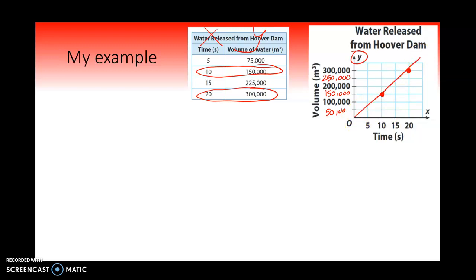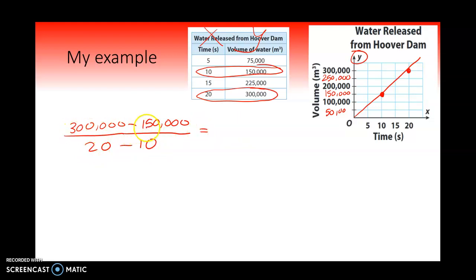All right, so now let's find slope. I'm going to take these 2 ordered pairs, and I'm going to do y2 minus y1 over x2 minus x1. So y2 is 300,000 minus 150,000, and then we're going to do 20 minus 10.